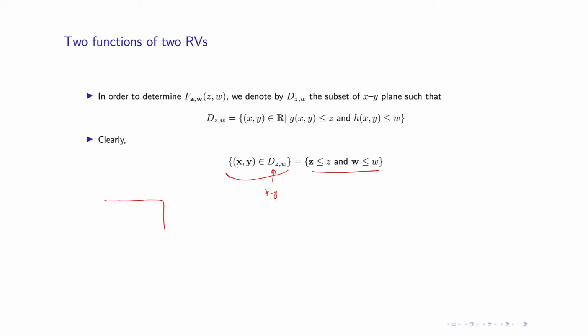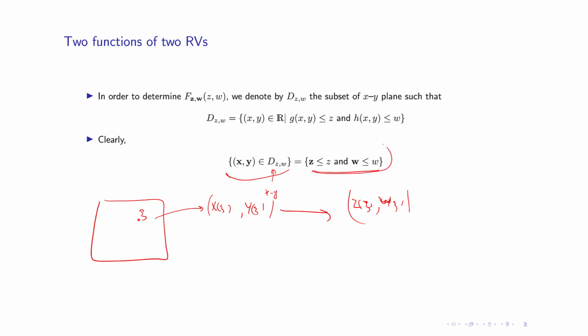Because you have a sample space, and then each outcome generates a pair X of the outcome and Y of the outcome, but this pair is then transformed through the system with two inputs and two outputs into Z of the outcome and W of the outcome. So this is a subset of points in your sample space.